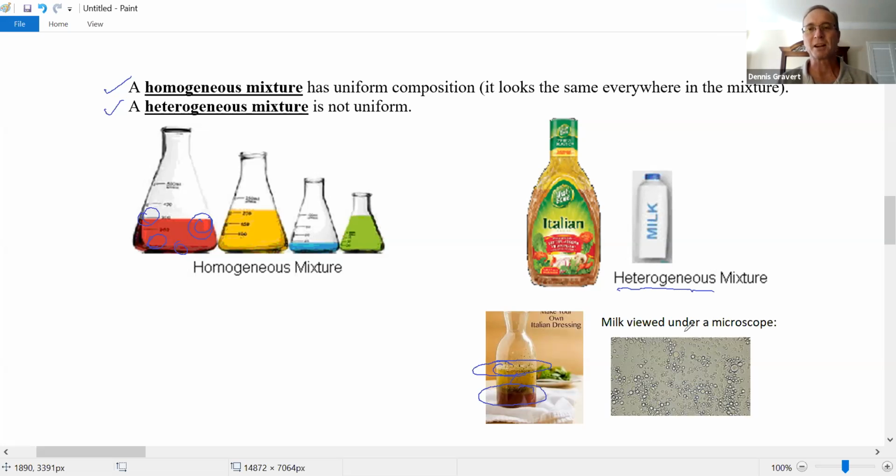Under the microscope, you actually see little fat globules, little oil droplets, and then the rest of the milk, the aqueous part. It's a mixture of fats and water and proteins. Under the microscope you can see there are differences. Right here, this is oily, and right here, that's more liquid water. So there are differences, it's heterogeneous.